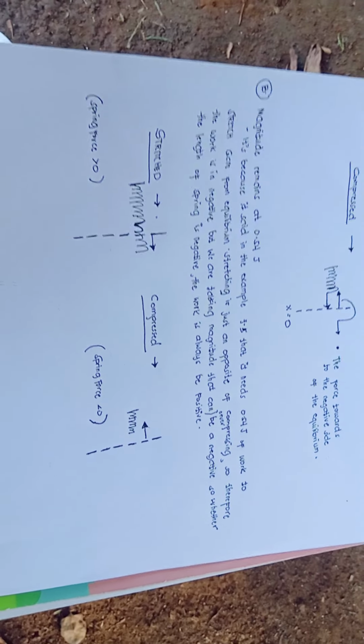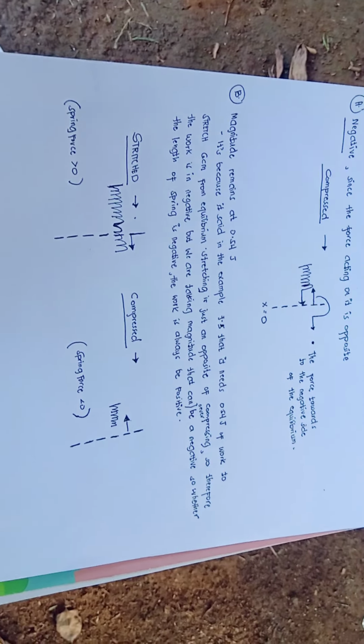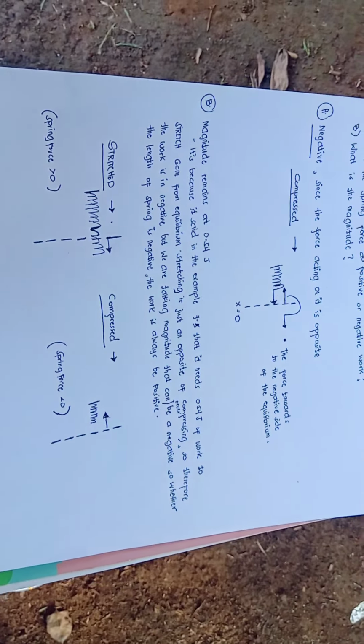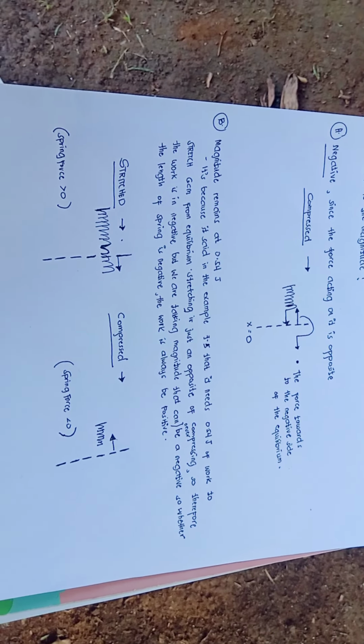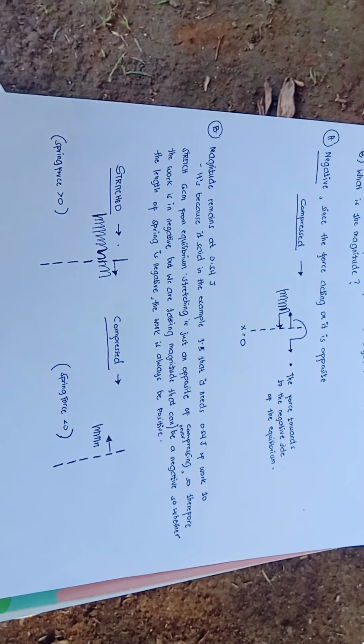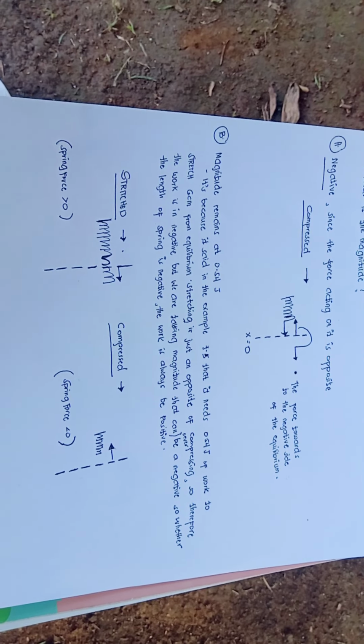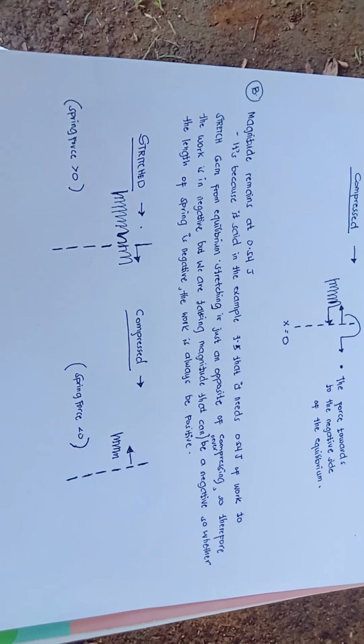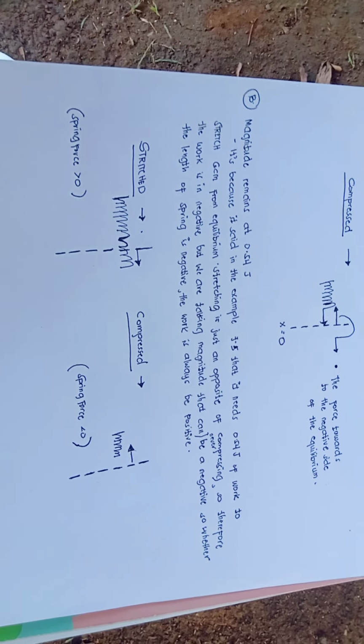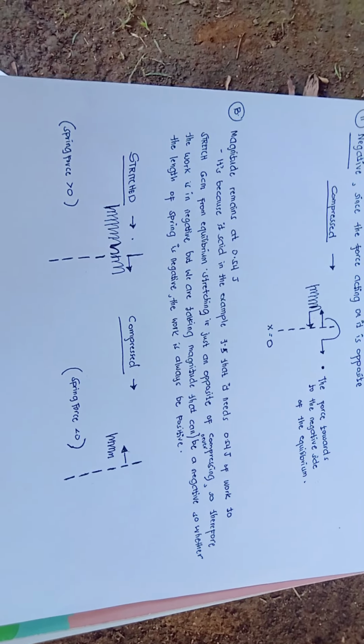It's because, as said in example 7.5, it needs 0.54 joules of work to stretch 6 cm from equilibrium. Compressing is just the opposite of stretching, therefore the work is negative, but we are talking about a magnitude that can never be negative.